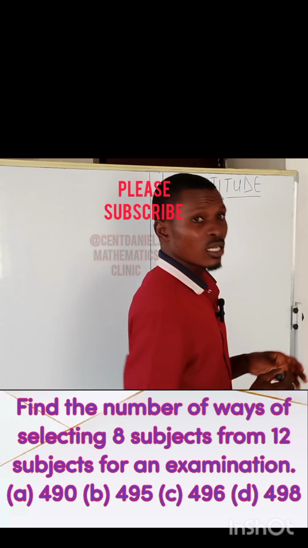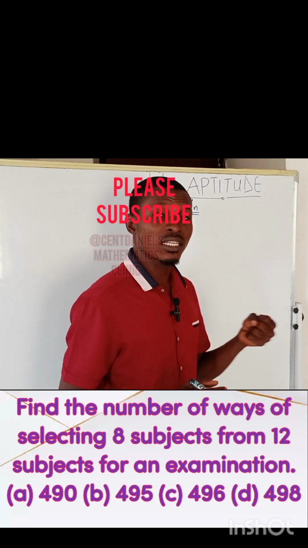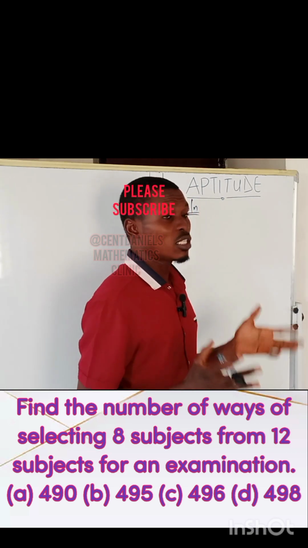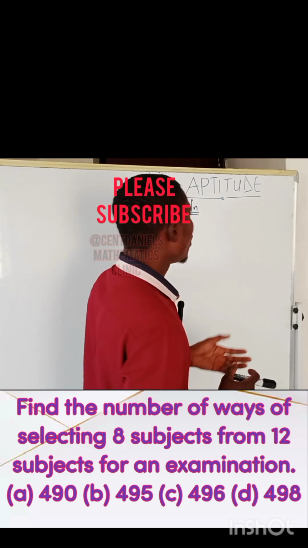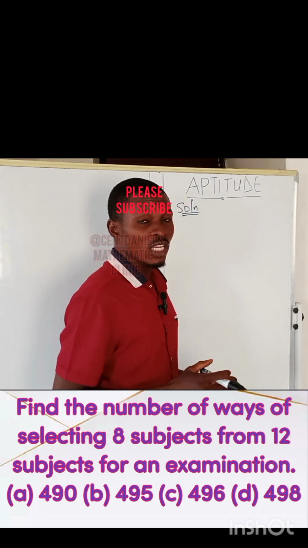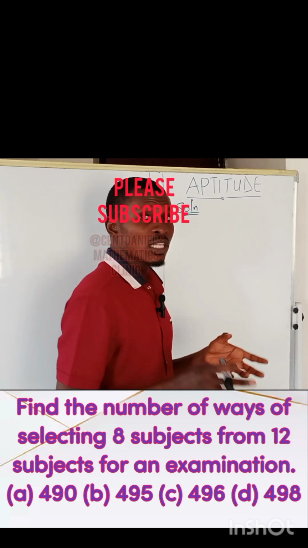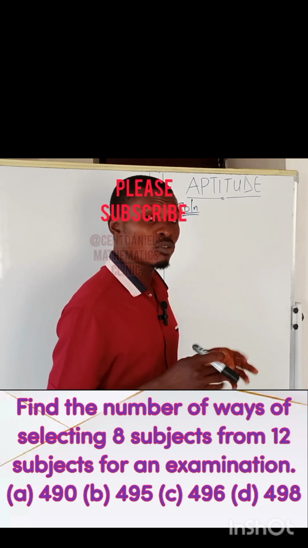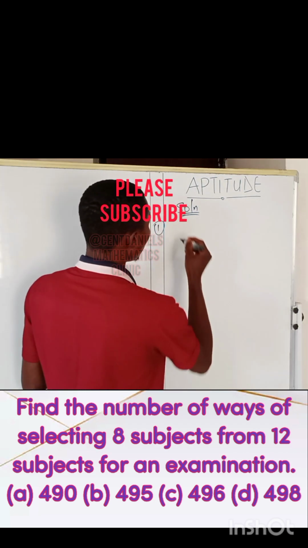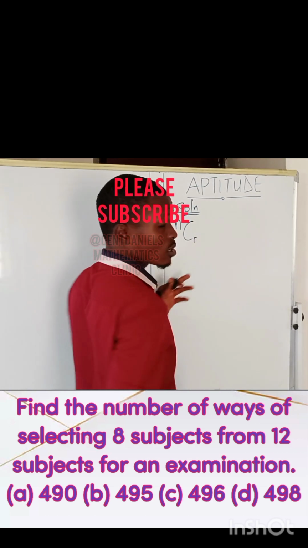Now for number one, we're asked to find how many ways 8 subjects can be selected from 12 subjects. This is an arrangement and selection question, right? Now, given n number of objects and a group of R objects, the number of ways R objects can be selected from n objects without paying attention to order of arrangement can be given by the expression n combination R, right?